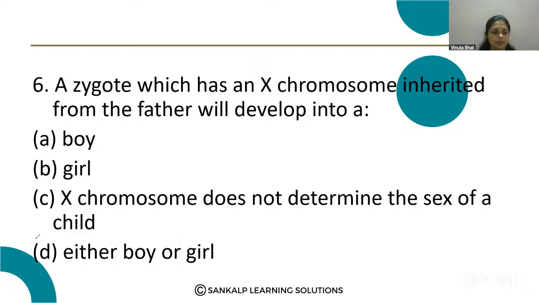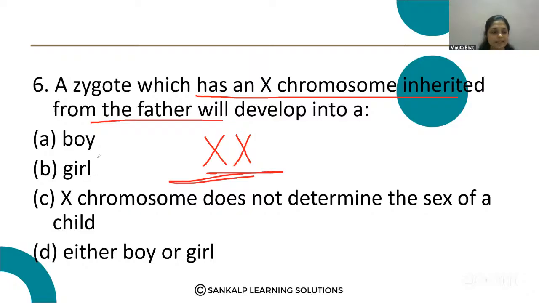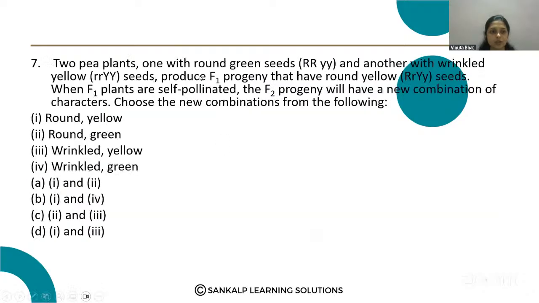Okay, a zygote which has an X chromosome inherited from the father. From the mother, it always inherits the X chromosome. So XX means that is a girl. So option B is the correct answer. Next question.